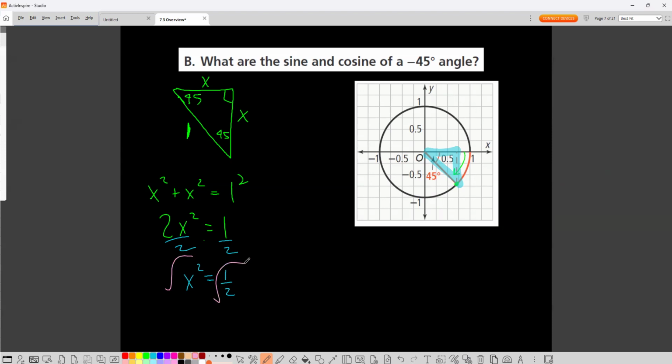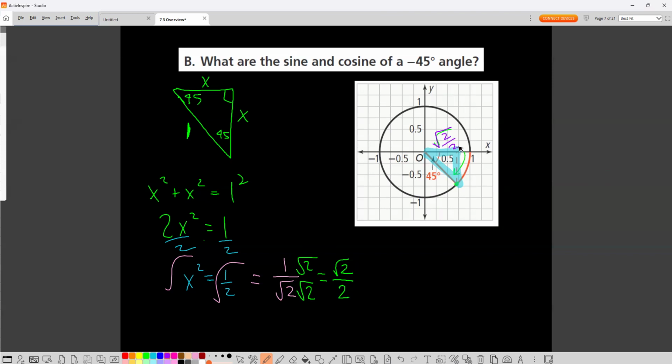Square root of 1 on top is 1. Square root of the 2 on the bottom. Remember, many places do not like to have radicals in the denominator. So we would, what they call, rationalize the denominator. Square root of 2 times the square root of 2 in the denominator here is square root of 4, which is 2. So these two sides here, we've got a square root of 2 over 2.